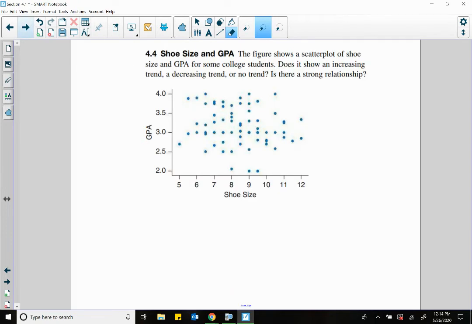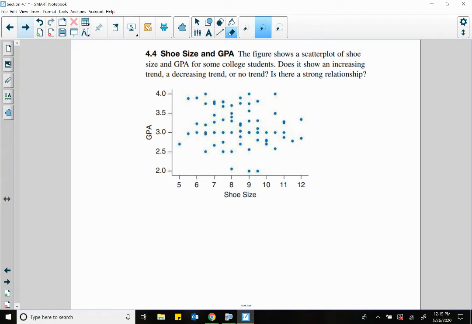So go ahead and try this one. Pause the video, give it a shot. It says this figure shows a scatter plot of shoe size and GPA for some college students. Does it show an increasing trend, decreasing trend, or no trend? Is there a strong relationship? Okay.